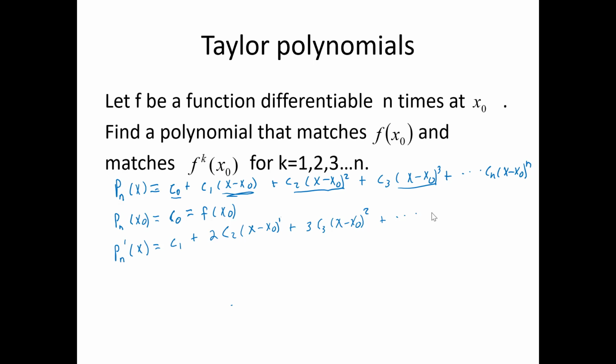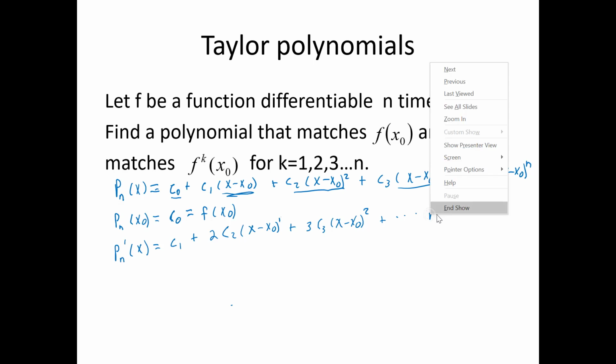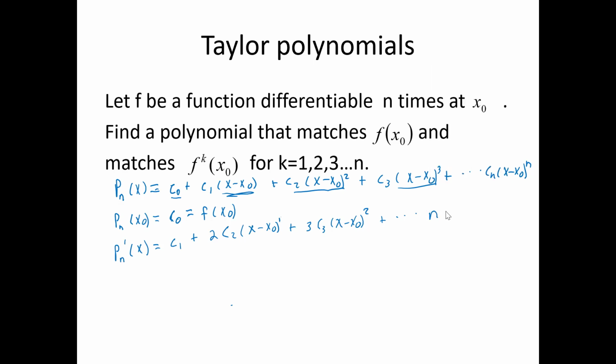For the nth term, we're going to bring down the n, Cn. Take 1 away from the exponent, times the derivative of the inside, but the derivative of the inside is 1.